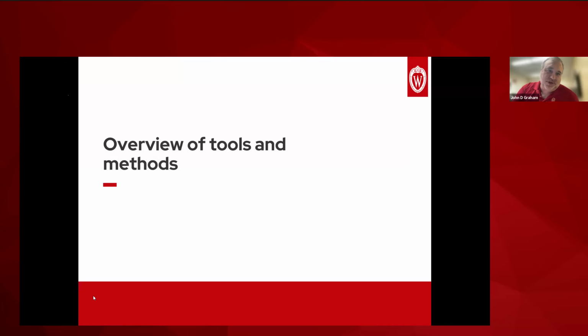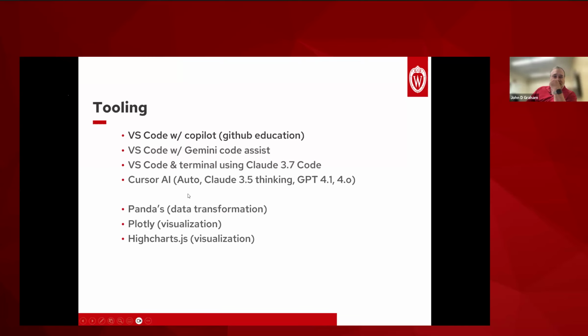So before I jump in and show you what I was doing, I just want to give you an overview of the tools and methods that I've used so far. On the next slide, you can see some of the instances that I've worked with: VS Code with Copilot through GitHub Education, Gemini Code Assist, which is an extension, and VS Code through Terminal with Claude 3.7 Code, is what it's called.